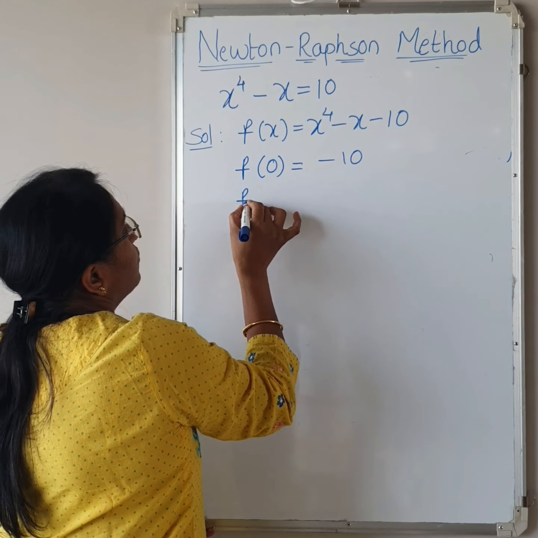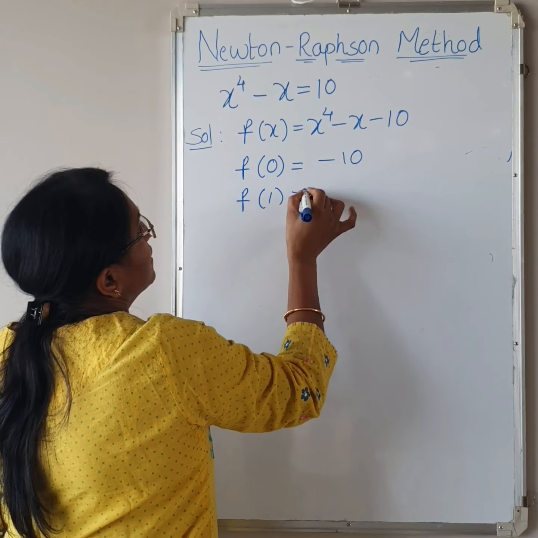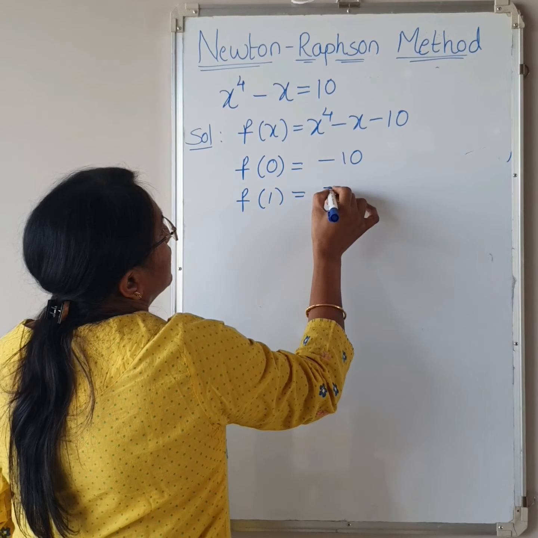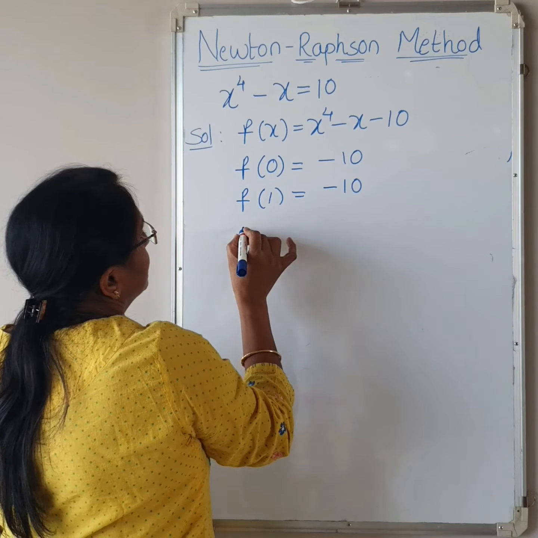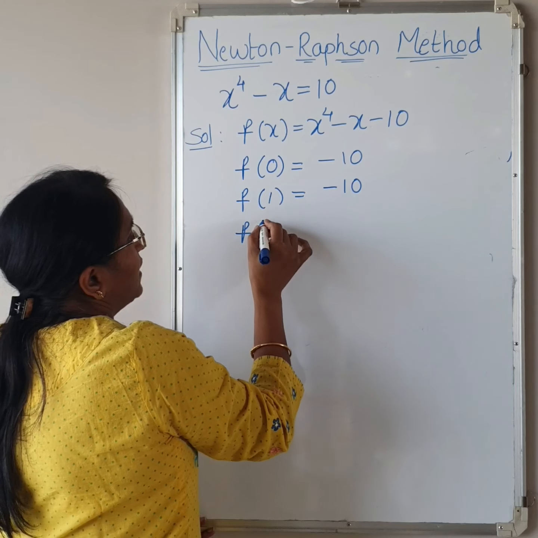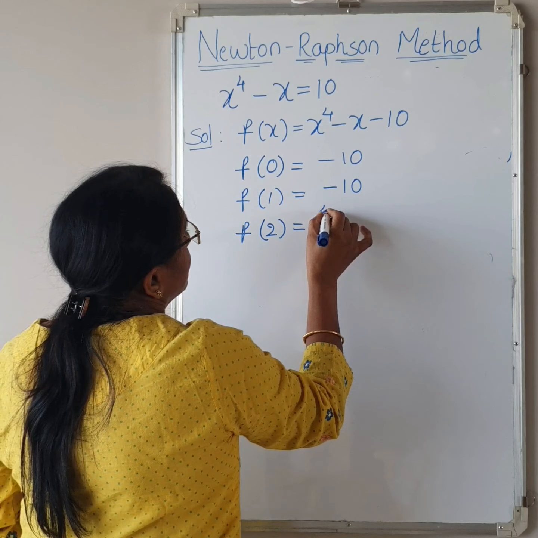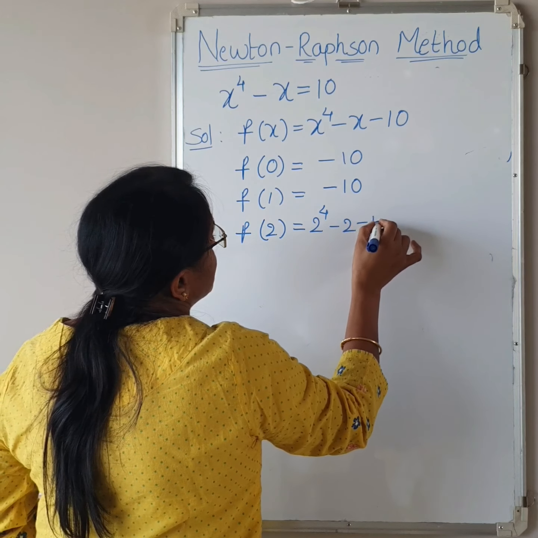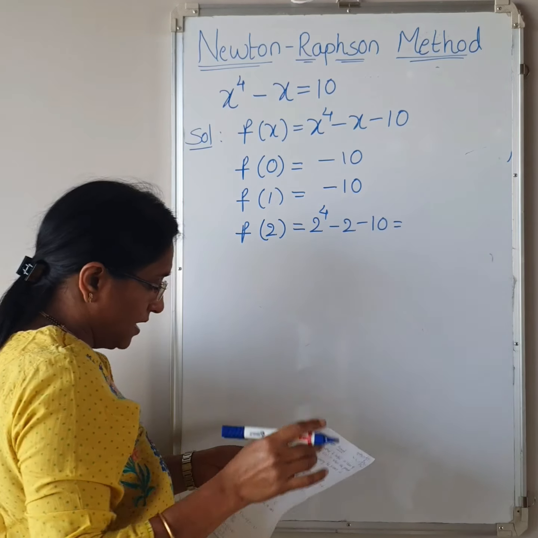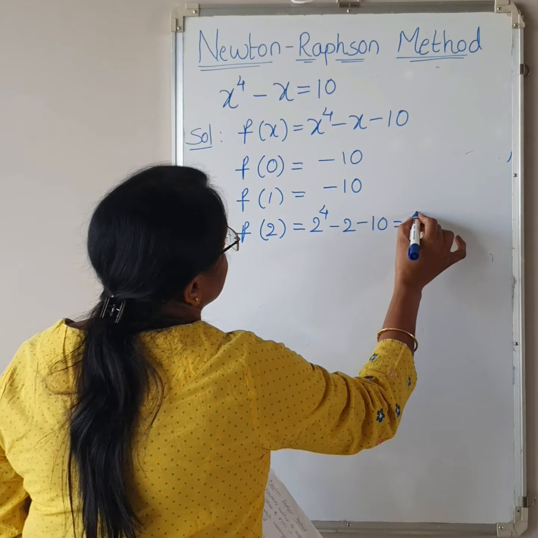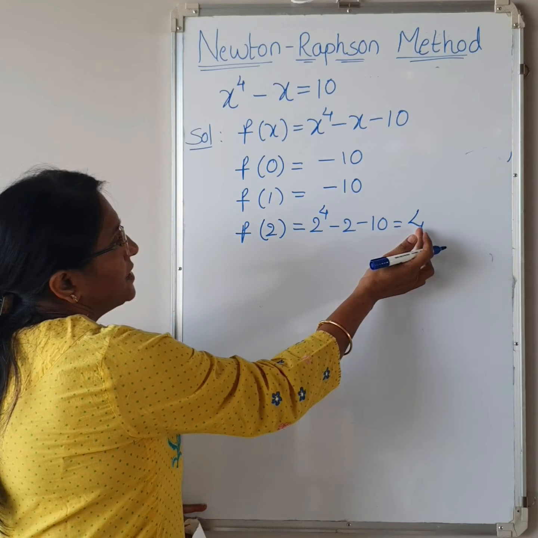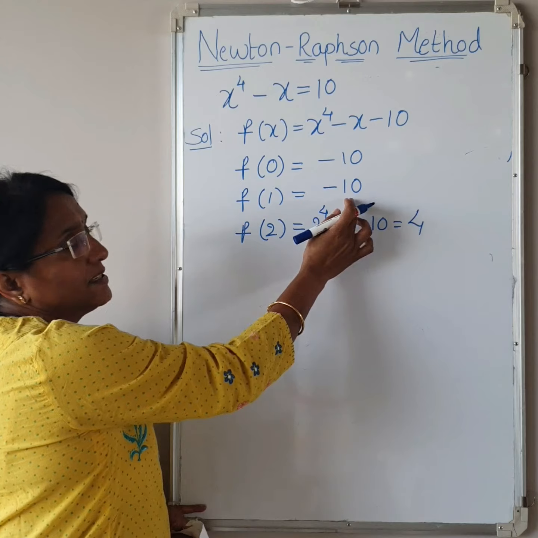Next you take f of 1, what is the answer? 1 minus 1, so again we will get minus 10. Both are minus, so we will take next value, f of 2, this is 2 raised to 4 minus 2 minus 10. What is the value of this? F of 2 is 4. So this is positive and this one is negative.